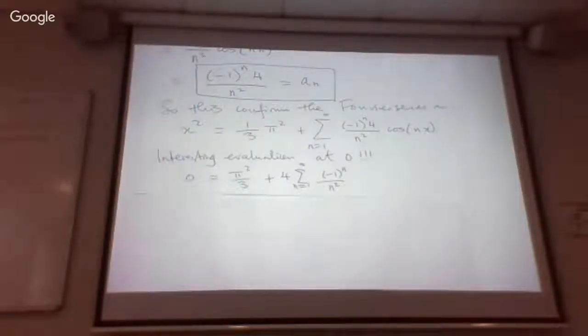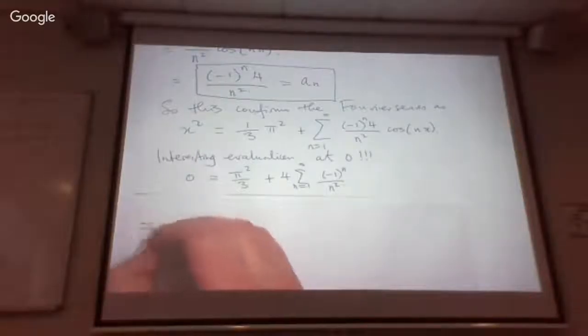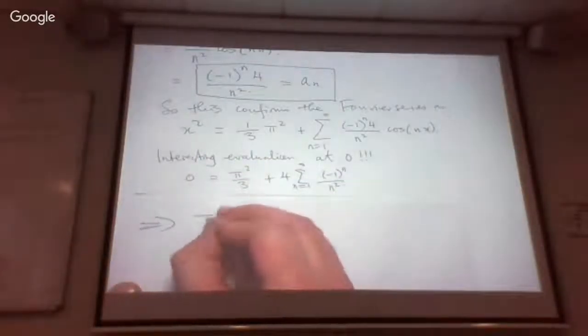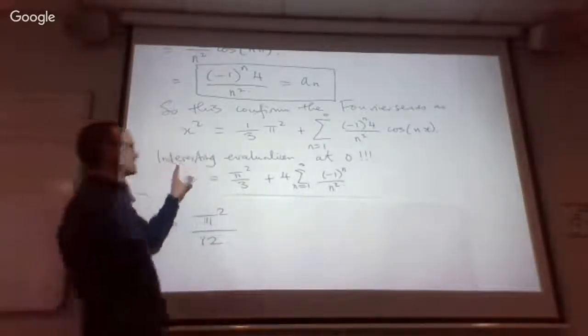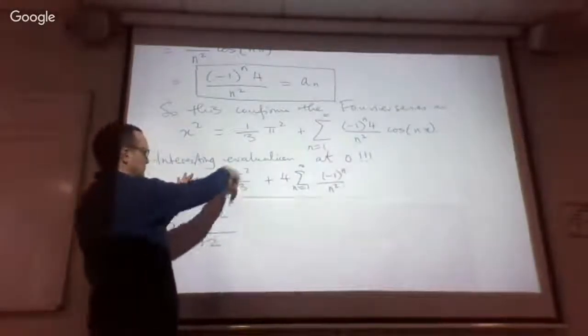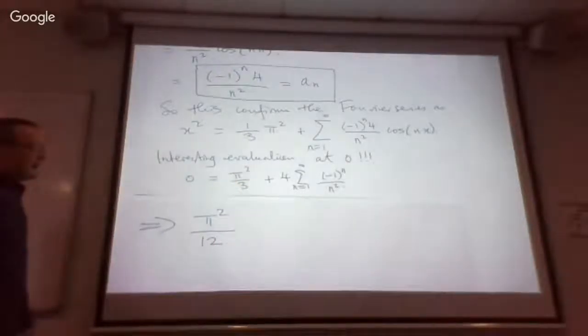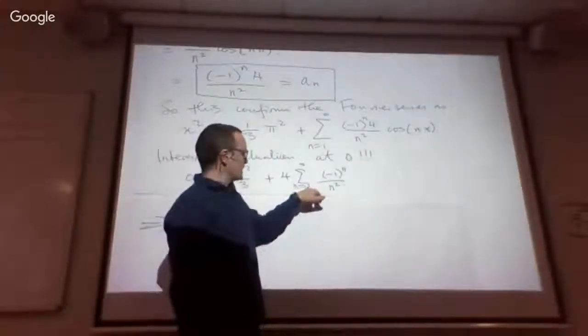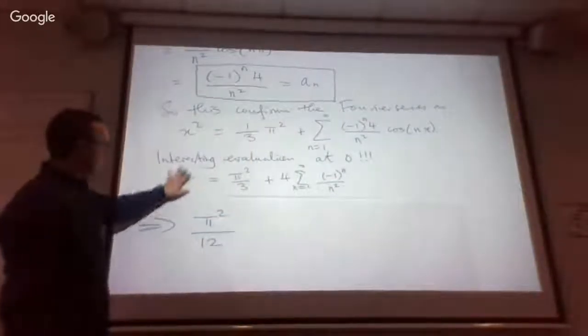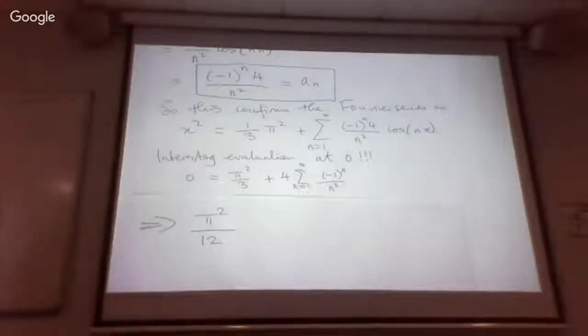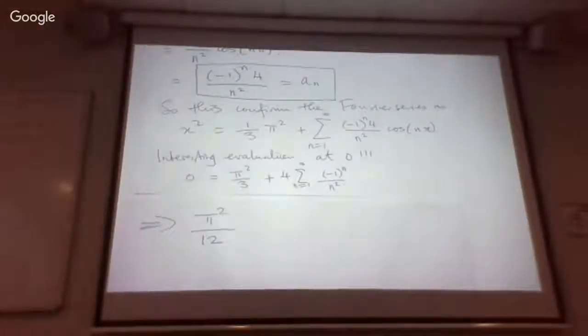And that's a nice friendly series. That's the alternating series of the reciprocals of the squares of the integers. And if you straighten this out, we get pi squared over 12. Let's bring the pi squared over 3 to the other side, and you divide across by 4, so you get pi squared over 12. And then, this series begins when n equals 1 at -1. But if you introduce an extra minus sign, it'll turn it into +1.